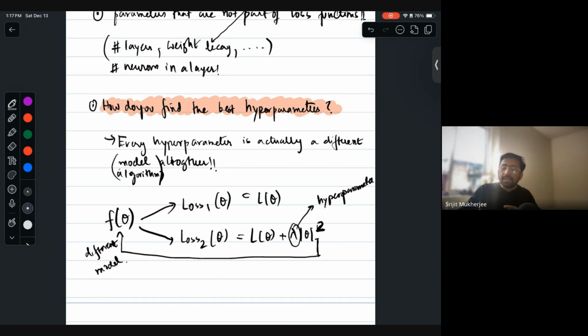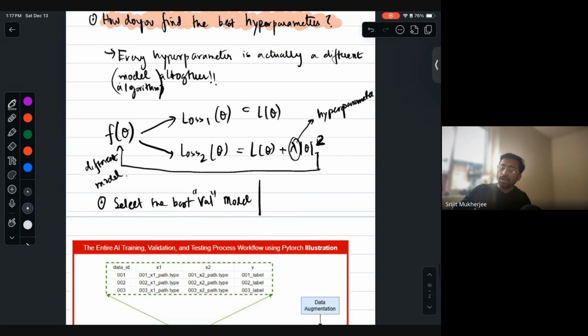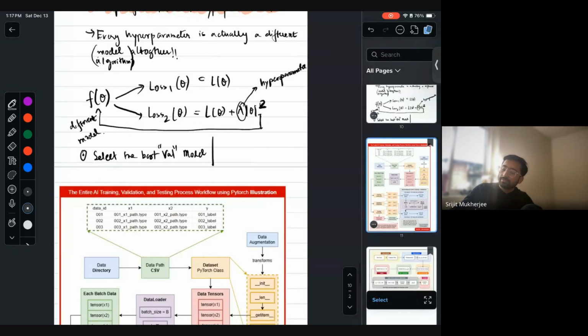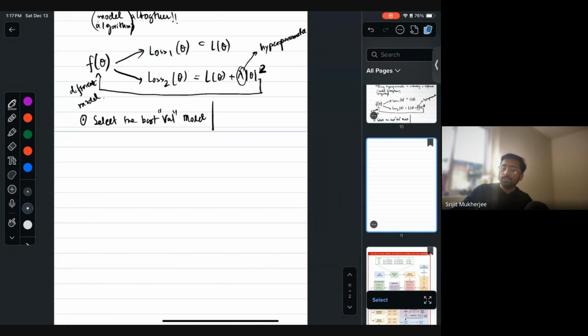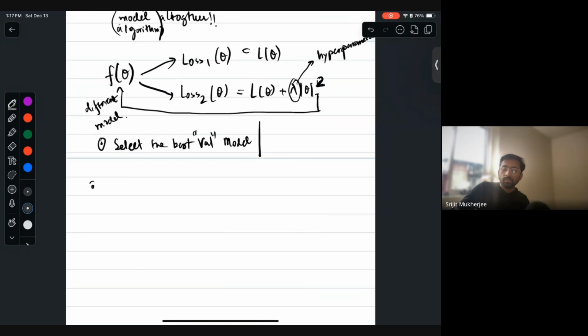Select the best model on the validation dataset. That framework is the same. Select the best val model. But how do you find it? You find it by different methods.